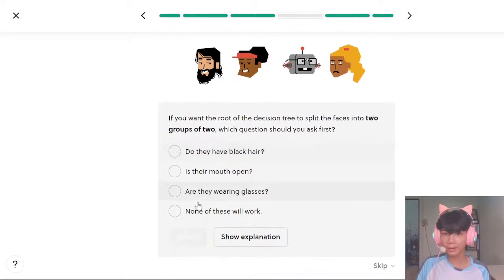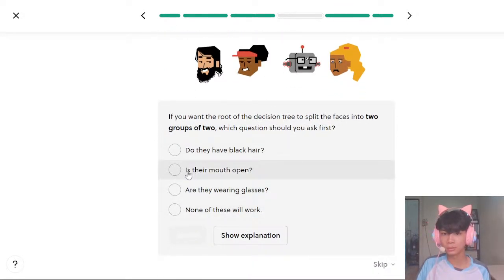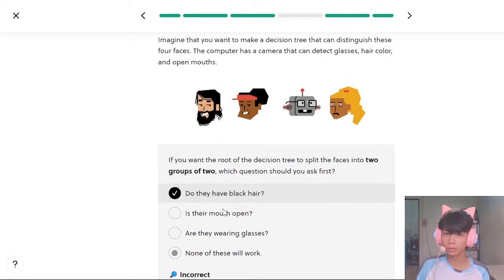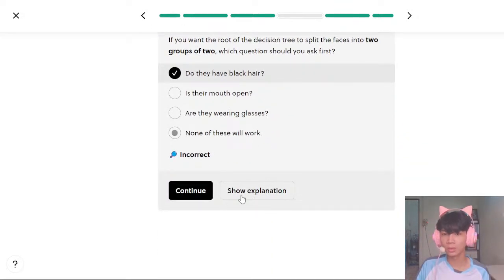Do they have black hair? Two groups of two. Black hair, okay, so good.